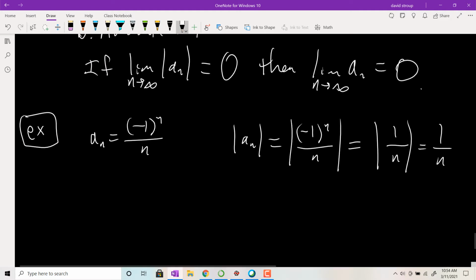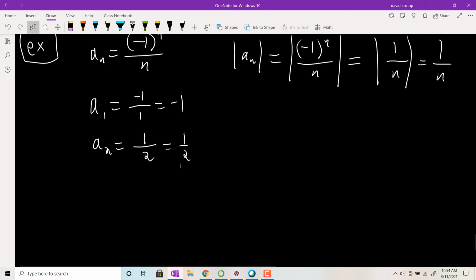So a sub n is negative 1 to the n all over n. A sub 1 will be negative 1 to the 1, which is negative 1 all over 1. A sub 2 would be negative 1 squared, which is positive 1 all over 2, which of course is just 1/2. I'm just trying to get things aligned. A sub 3 will be negative 1 cubed, which is negative 1 all over 3.